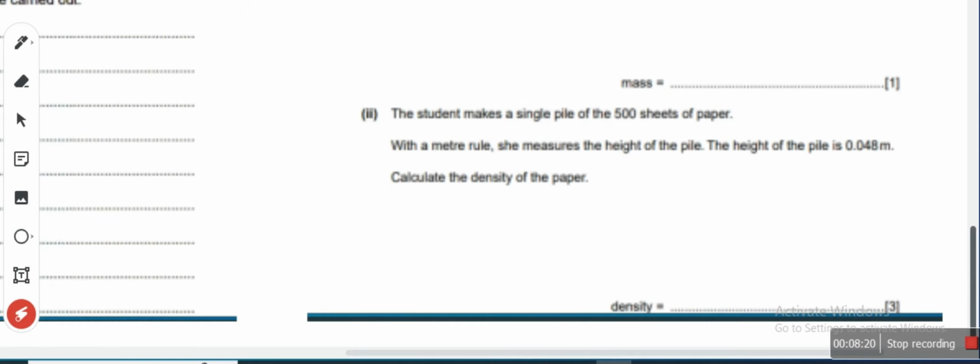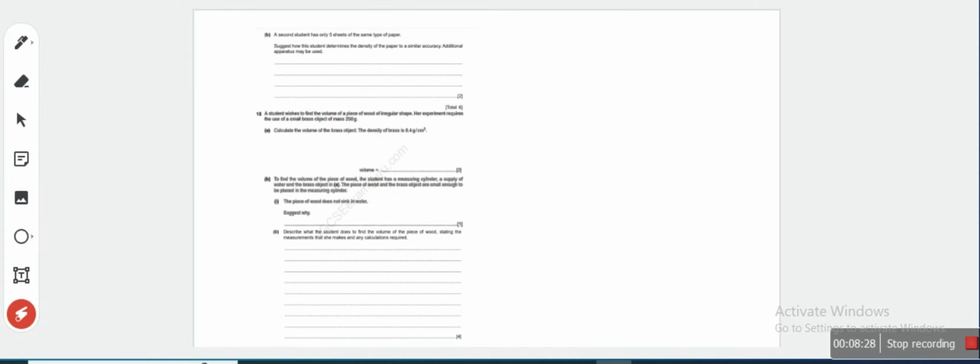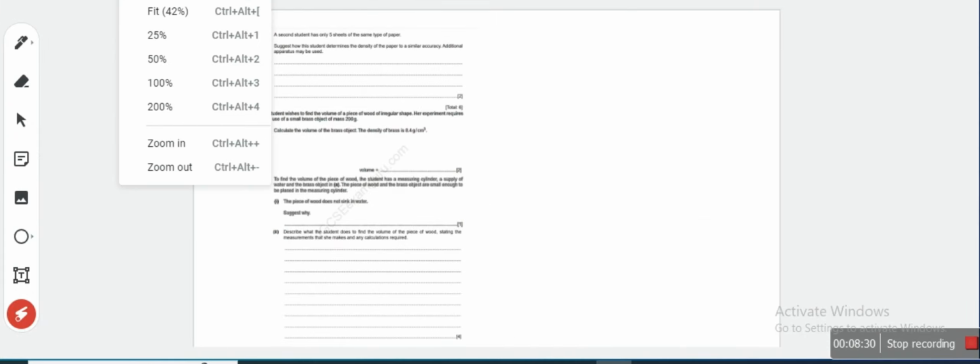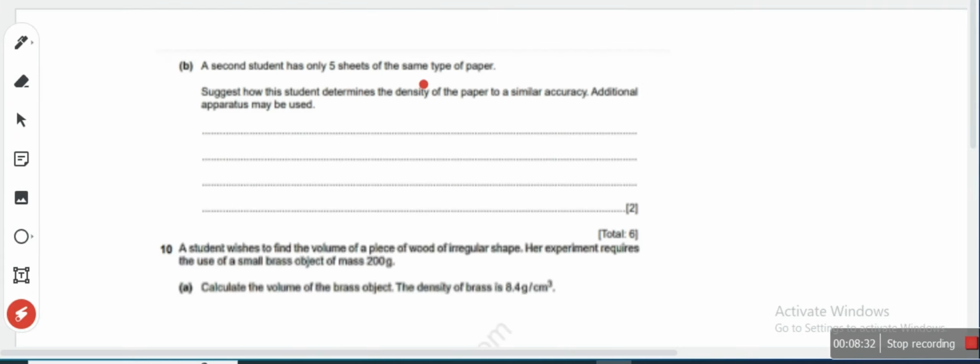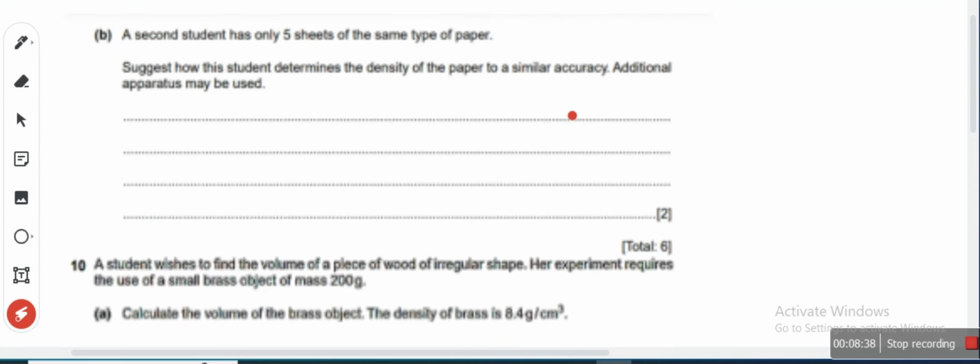And I think finally we can look at this one, question number 10. Let me zoom it in properly. This should be a continuation of 9.